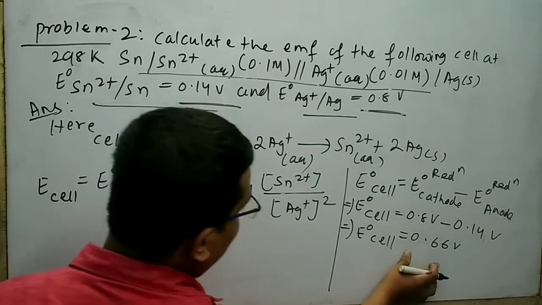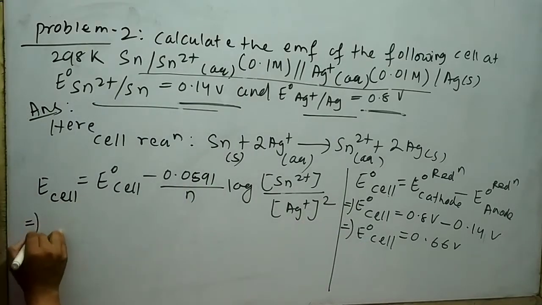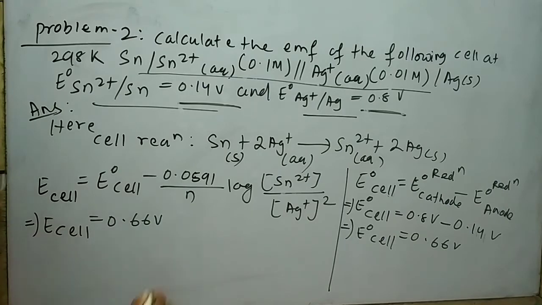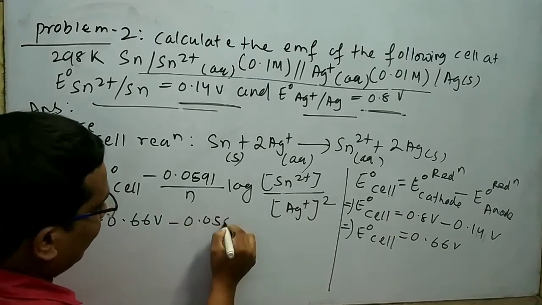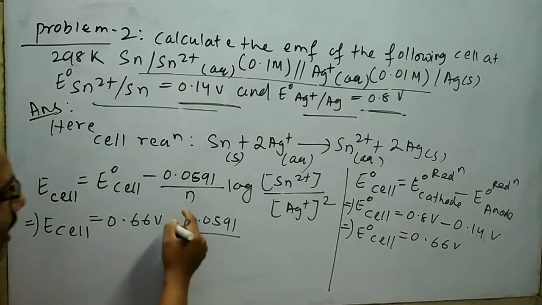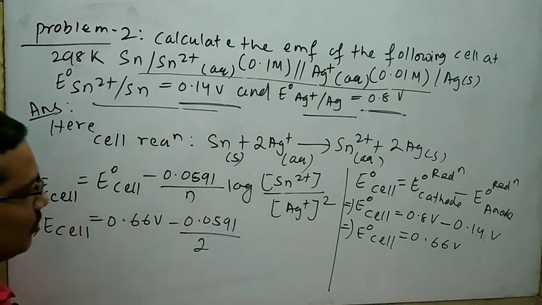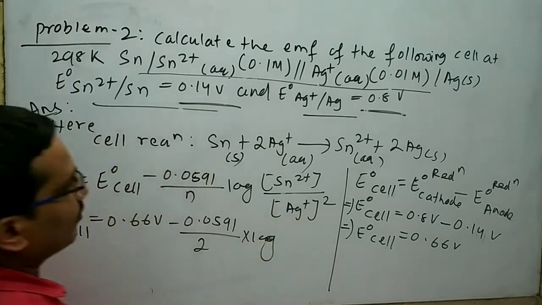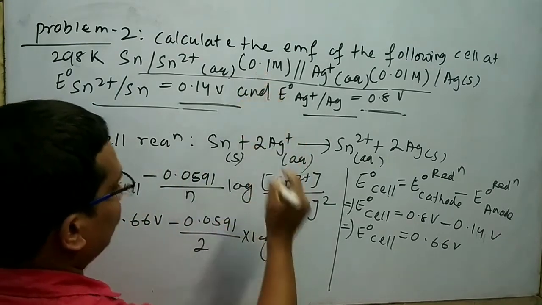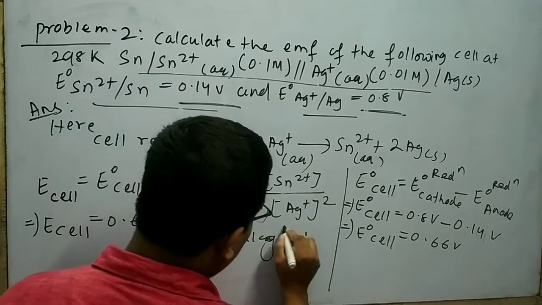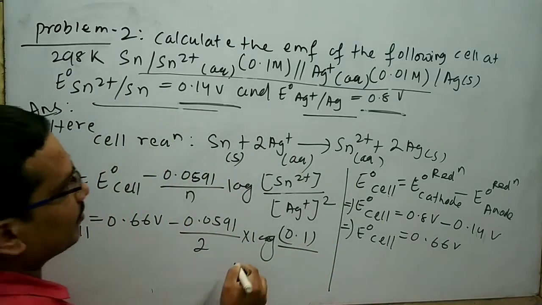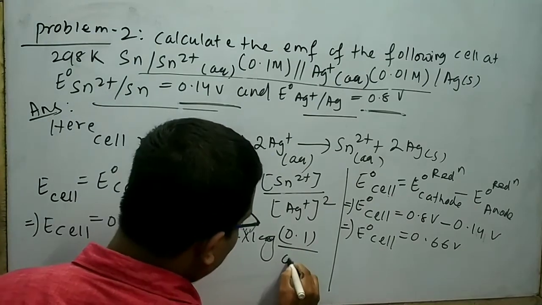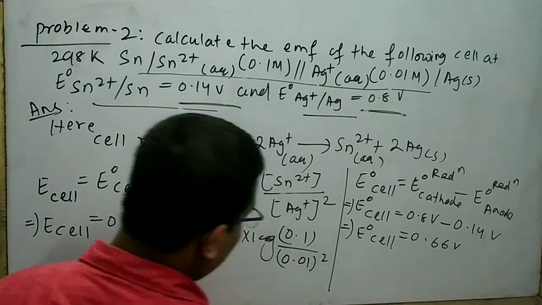Now put the value of E0 cell here. Then I can write E cell equal to 0.66 volt minus 0.0591 divided by n, n is 2, into log of concentration of Sn2+ which is 0.1, divided by concentration of Ag+ which is 0.01 square.